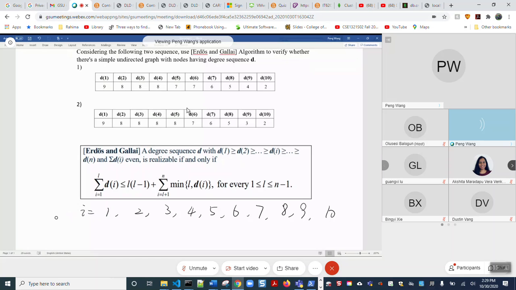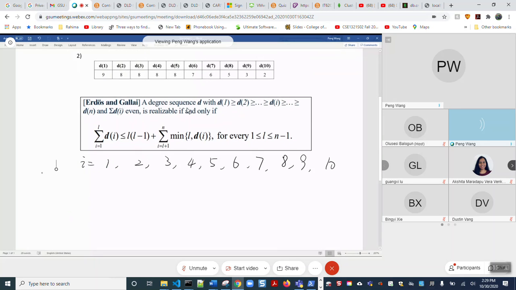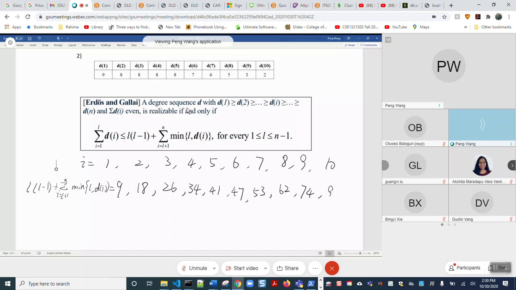For i equal to from 1 to 10, we can calculate this: l minus 1 plus the sum for i equal to l plus 1 to n, meaning l and d_i, and it will equal to, let's see, first one is 9 and 18 and 26 and 34 and 41 and 47 and 53 and 62 and 74 and 90. The right part of this equation will be equal to like here.